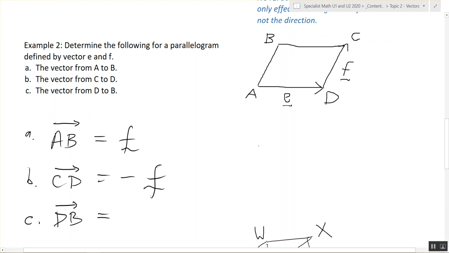We're going from here. So we go, which vector first? Yep, negative e, and then f. If you wrote down f, take e, it's the same thing. Let's have a go.